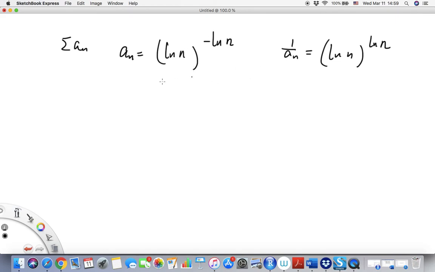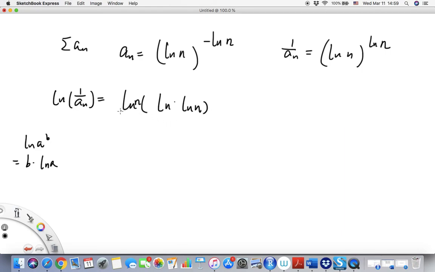So what do we do? We can take the log. So log of 1 over an is equal to log of log n to the power of log n, which is log n times log log n. Here I'm using that log of a to the b is equal to b times log a.